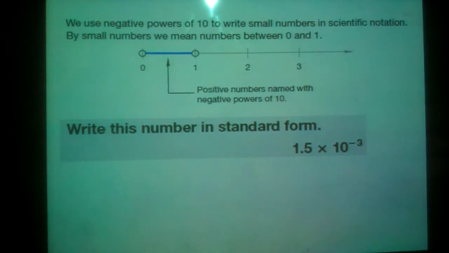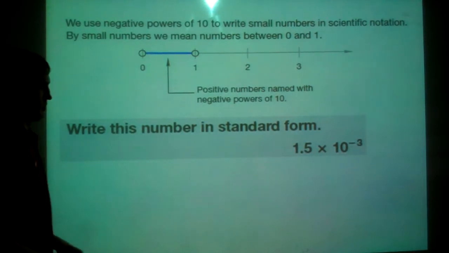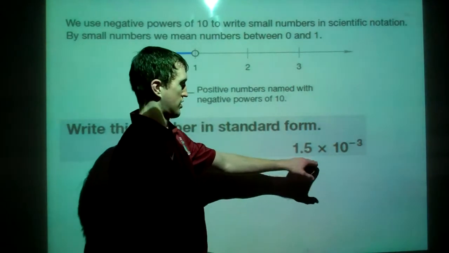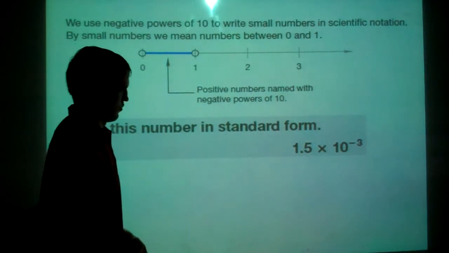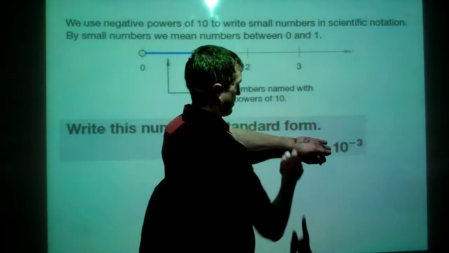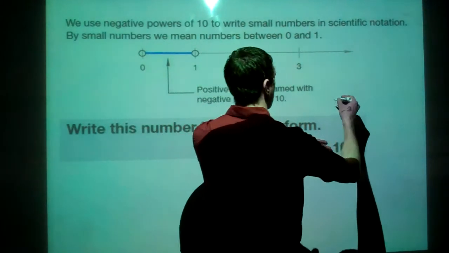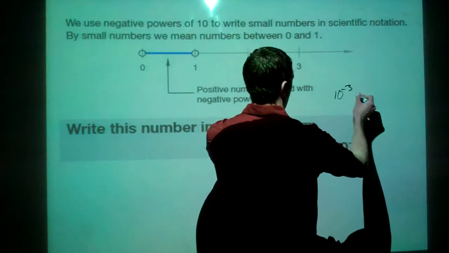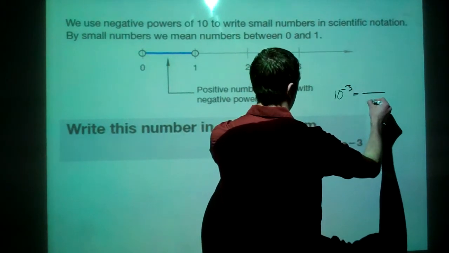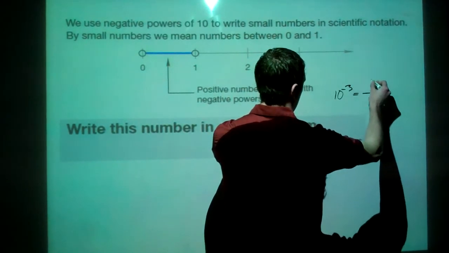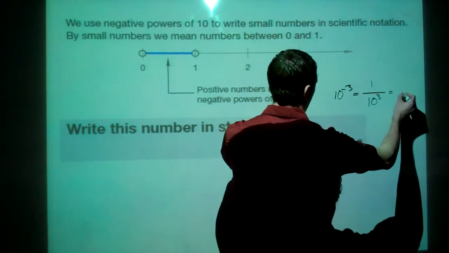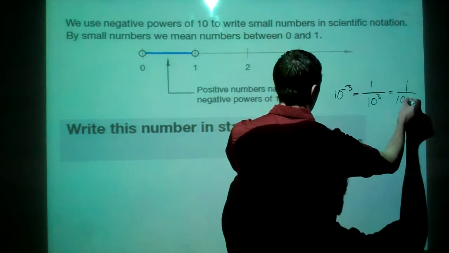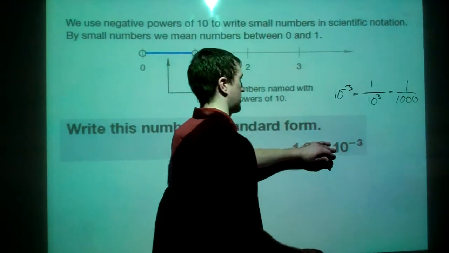So if we want to write this number in standard form here, this is in scientific notation with a negative exponent, we can think about it as, well, let's first imagine what 10 to the negative third means. Remember, that means we can drop that, and it's over 1. So it's 1 over 10 to the third, or 1 over 1,000, 10 times 10 times 10.